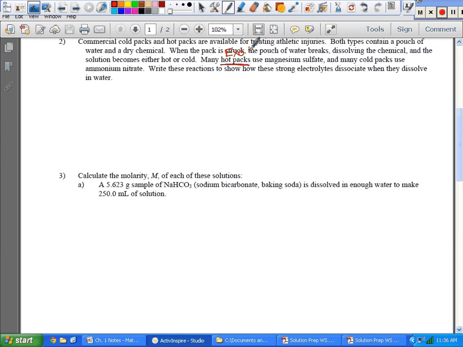This is the hardest part. When bonds are formed, energy is released. So, if energy is being released, what's happening to the bonds? They're forming. So when magnesium sulfate dissolves, is something else being formed to create the exothermic reaction?